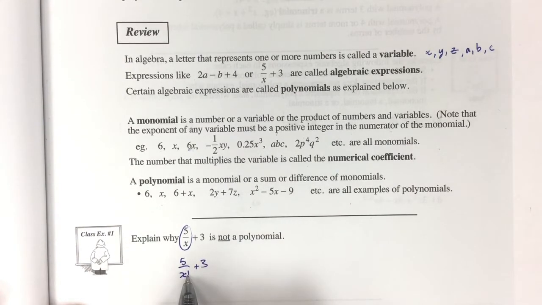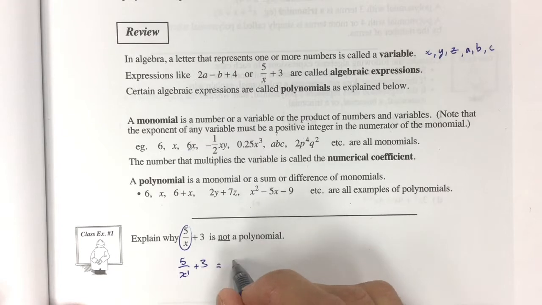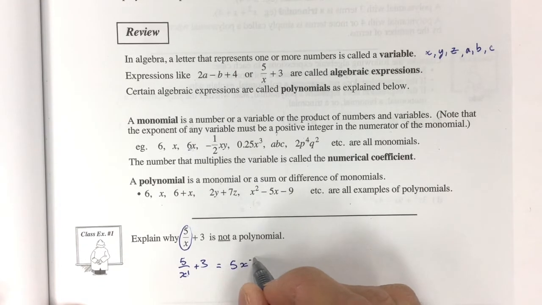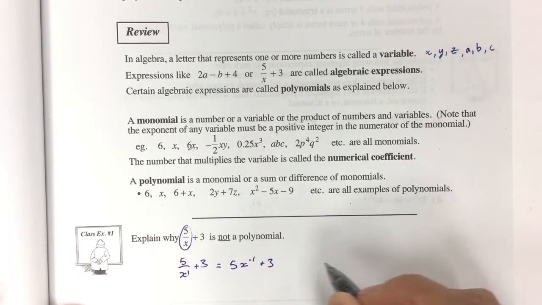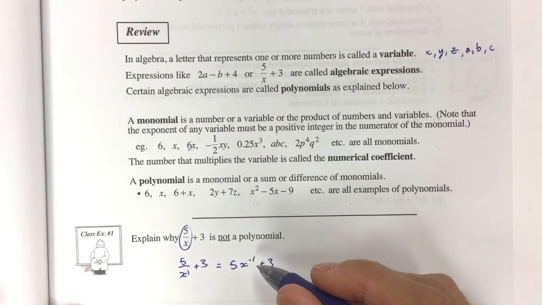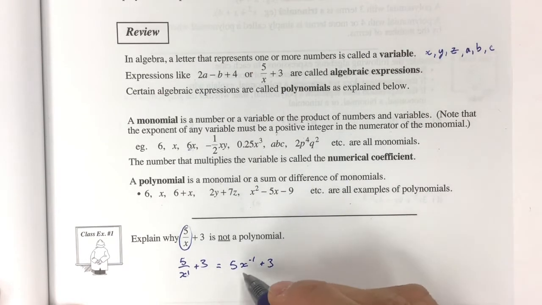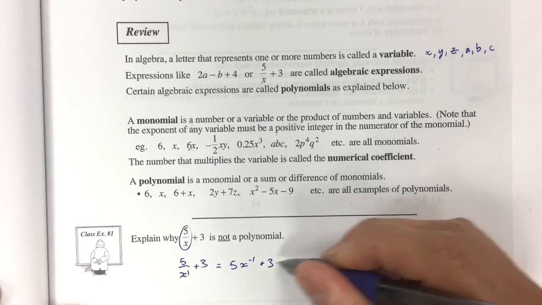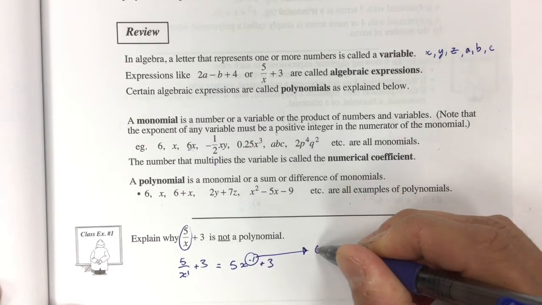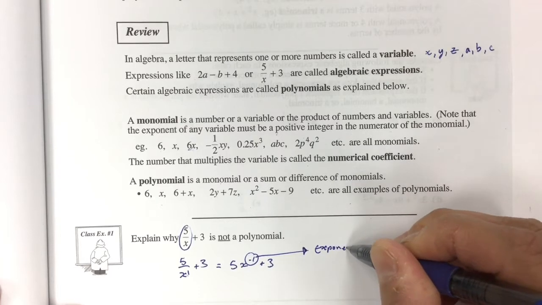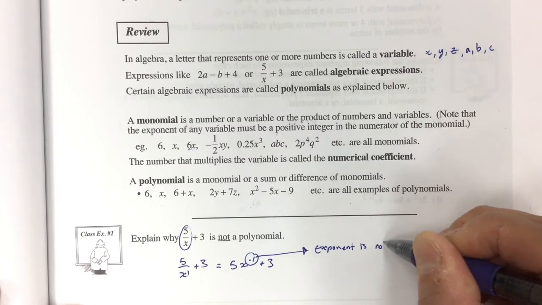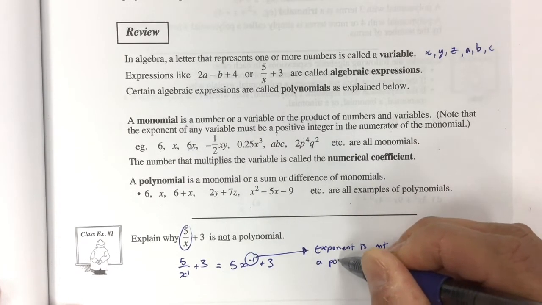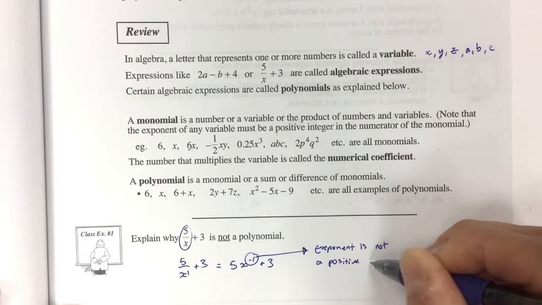And if I were to rewrite this, this is the same thing as saying 5 times x to the negative 1, plus 3. And because my exponent is not a positive integer, it is not a polynomial.